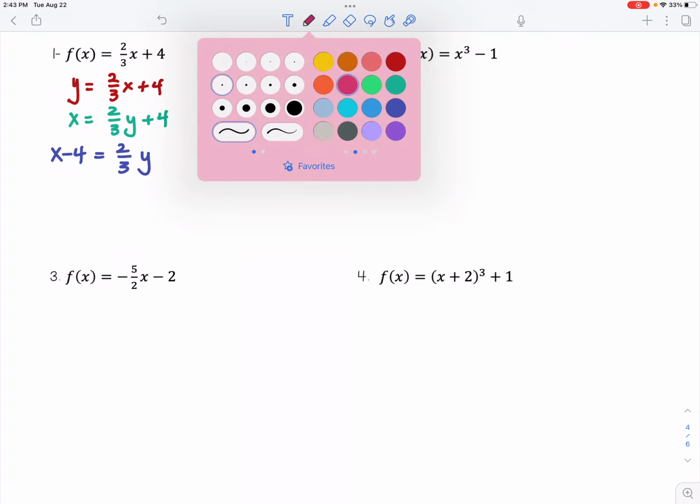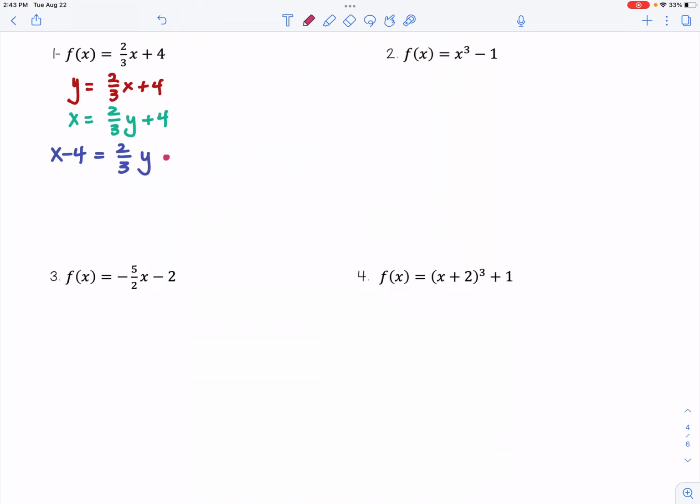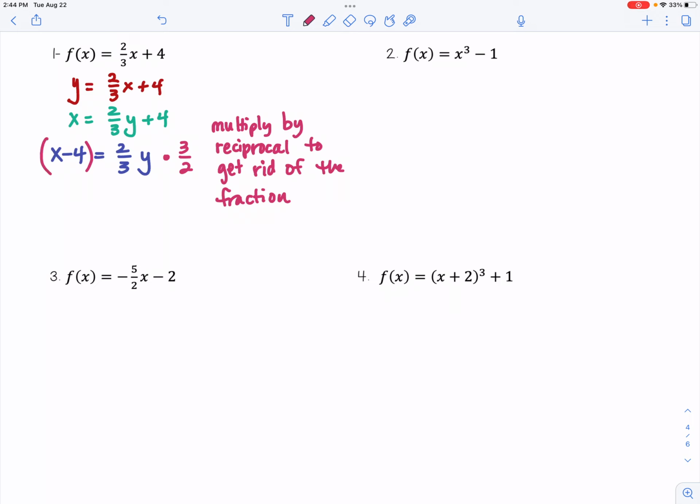And if you remember from Algebra 1, to get rid of a fraction, we multiply by its reciprocal. So we multiply both sides by that 3/2.